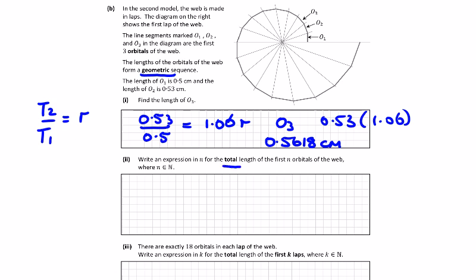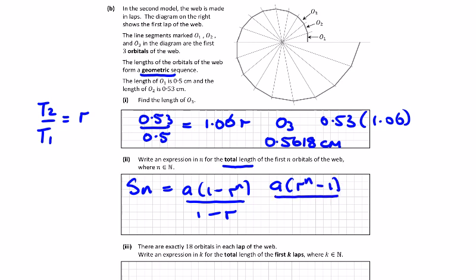And then expression for the total length, well, Sn of a geometric is a times 1 minus r to the power of n over 1 minus r. This can be written another way. If we put in 1 minus r in the bottom, we're going to get a negative, so I'm going to just reverse it around here. A times r to the power of n minus 1 over r minus 1 might be a bit tidier.